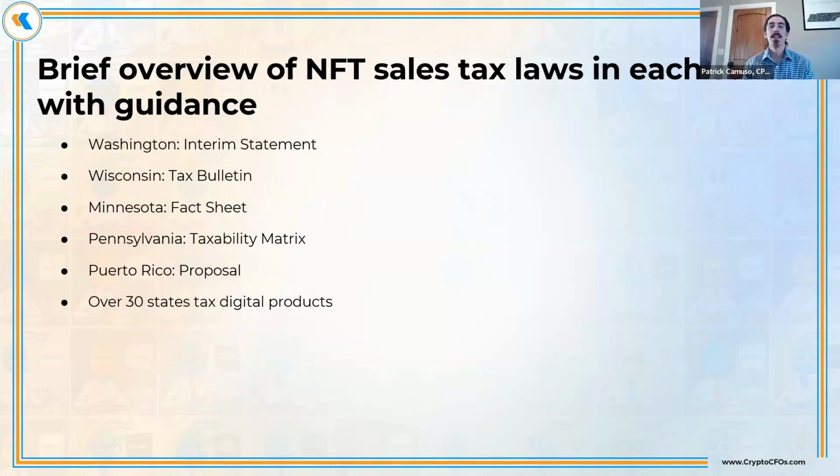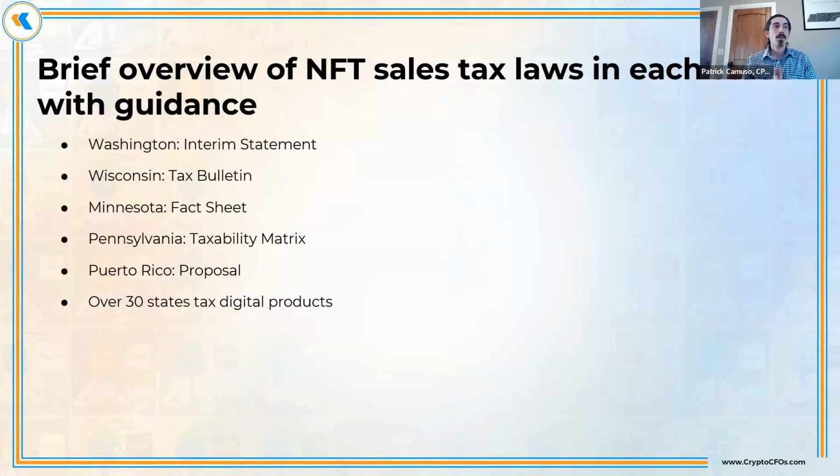And it's anticipated that sooner or later, they're going to focus more on NFTs and likely include NFTs in the category of digital products, like we've seen Washington and other states. What that guidance will look like, it's hard to say, but we can start to see a trend with these first few states of how the sourcing, the look-through approach, and the overall approach to taxing NFTs is going to look for sales tax purposes.